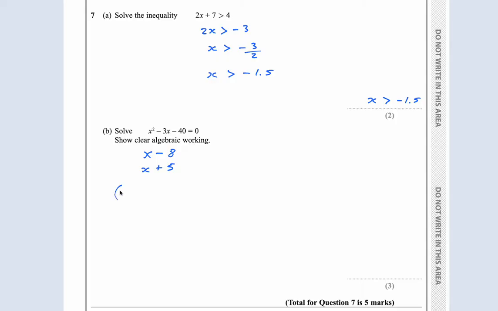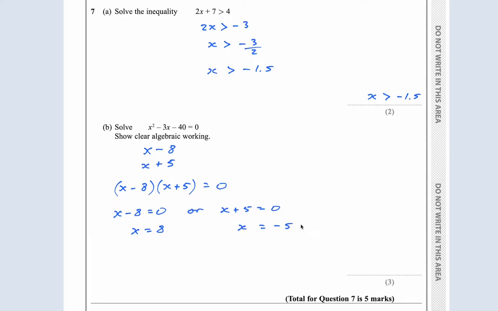So the factors are x minus 8 times x plus 5. This has to equal 0. So either this is 0 or this is 0. x is 8, or x equals -5. Those are my two answers.